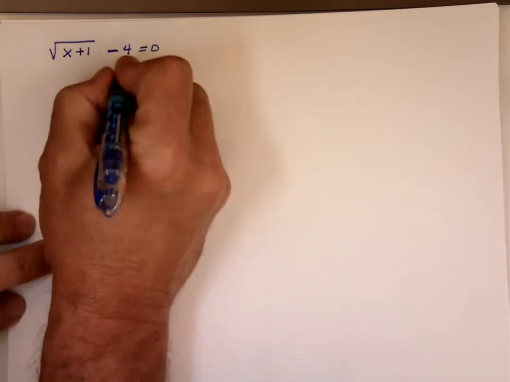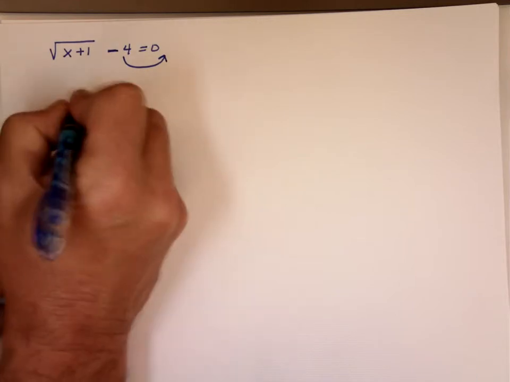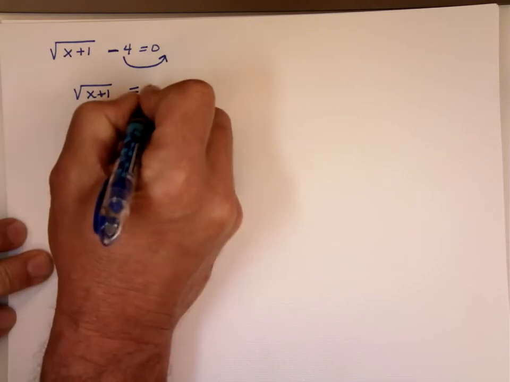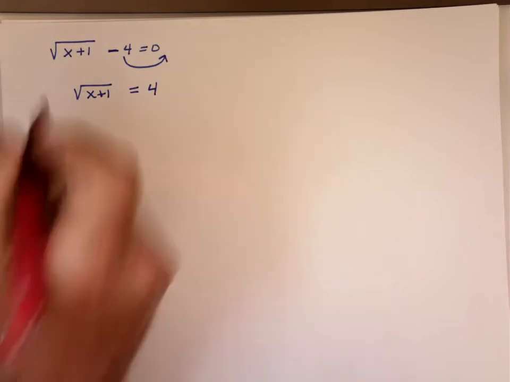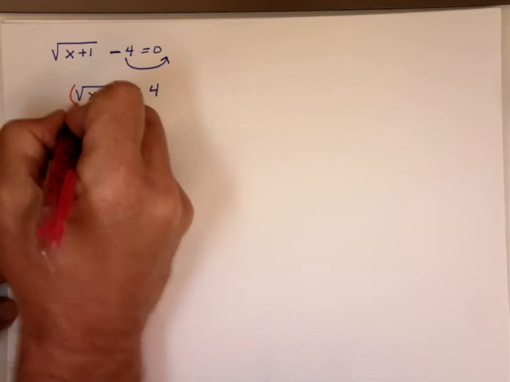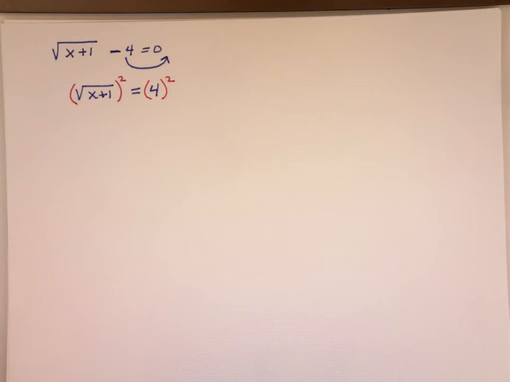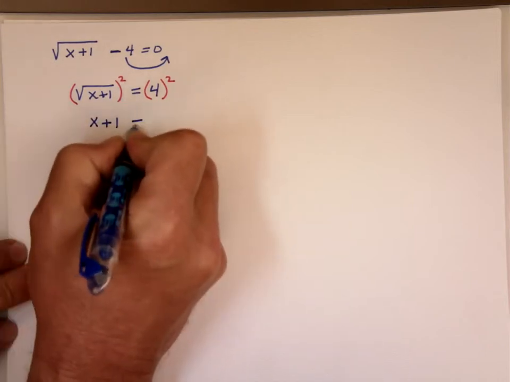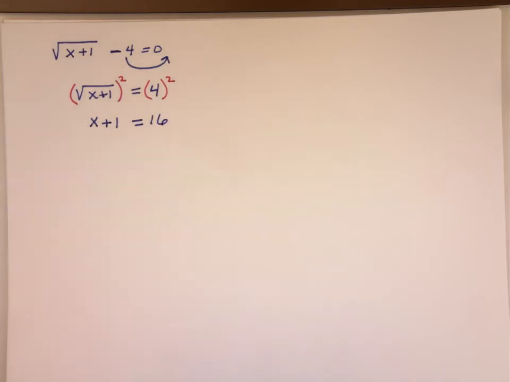To isolate, I need to take the minus 4 to that side, and when you change side, you change sign. The square root of x plus 1 equals positive 4. After you isolate the square root, let's square both sides. Again, when you square a square root, you lose the square root sign. x plus 1 equals, what is 4 squared? 16.